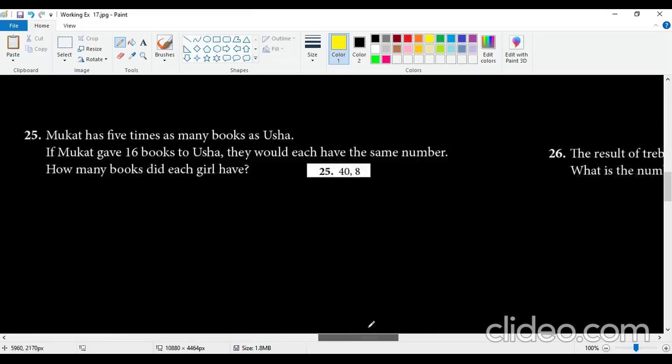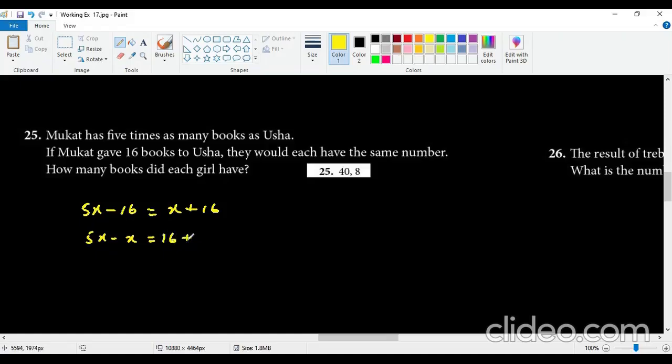Mukut has 5 times as many books as Usha. That means Mukut is 5x, and this is Usha. If Mukut gives 16 books, that means negative 16. So it will be added to Usha over here. And same as what we have done in the previous question, 5x minus 1x, and 16 plus 16.